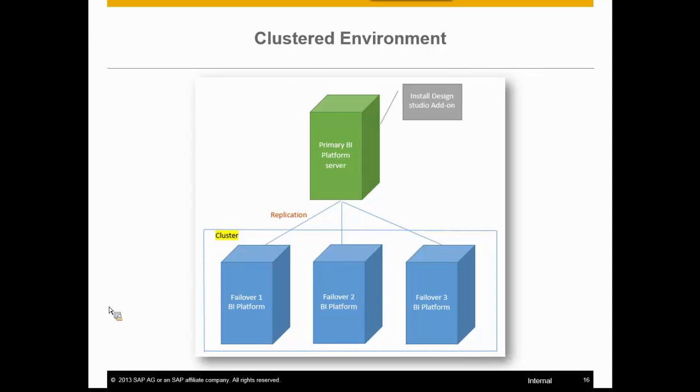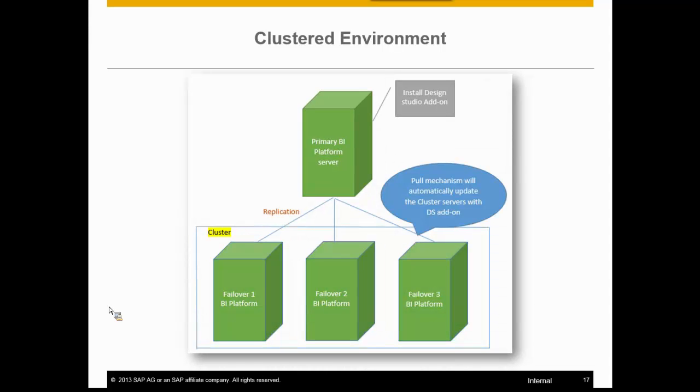We just need to install the Design Studio add-on on the primary system, since BIP has a functionality where the cluster environments do the replication. BIP doesn't support push. Instead, it supports a pull mechanism. So when we run the installer on the primary server, the failover servers will automatically update using the pull mechanism.